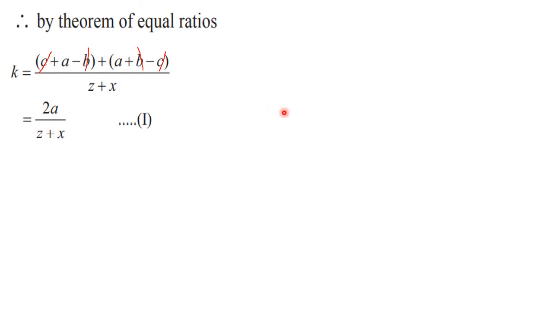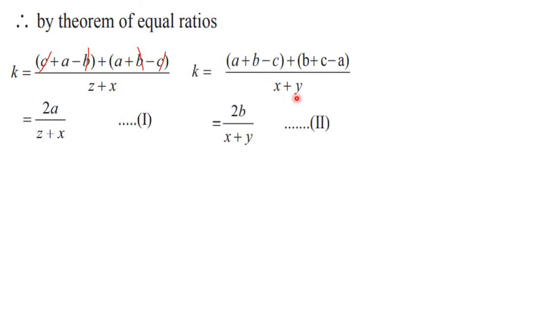Similarly, now the second ratio we will write where we want x plus y. So above x you have a plus b minus c. See here also the same bracket. Plus above y you have b plus c minus a. Here also you will find that certain terms will get cancelled like plus a and minus a, plus c and minus c, and then you will get b plus b as 2b and denominator as it is as x plus y.